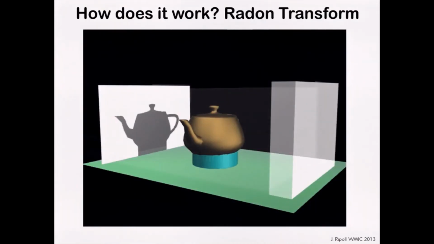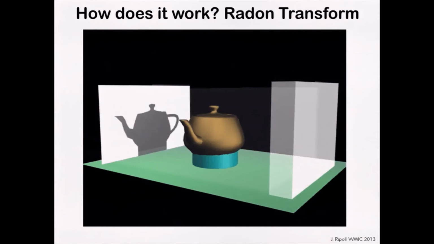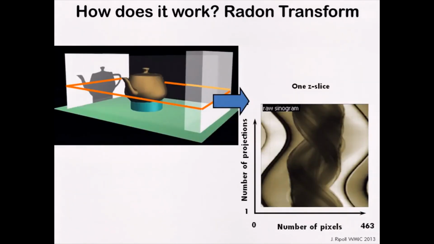And the way this works, for those of you that are not familiar, is this should be a movie anyway. You can imagine this rotating. What you collect, in the case of absorption, is the shadow of each of the angles, and then, let's say this is your CCD image, if you take a line of this image and plot that for each of the angles, what you construct is what's called a sinogram.